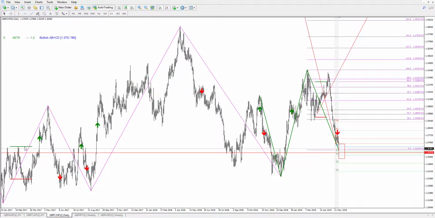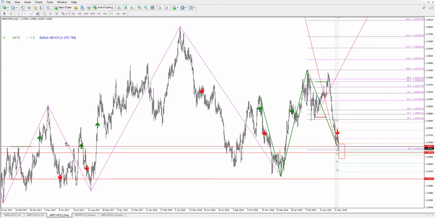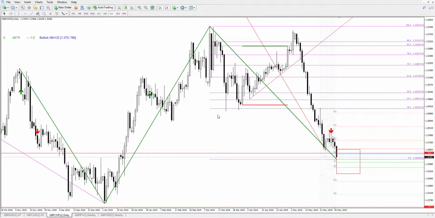And so we find ourselves some monthly inside bar support there and there. So let's see where we finished. Okay, we closed below that, so that's not particularly healthy.